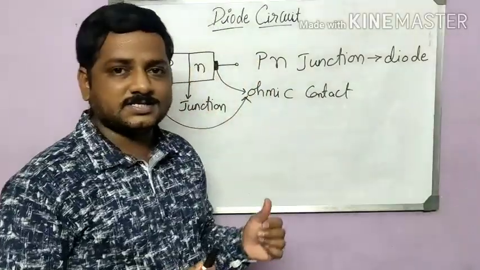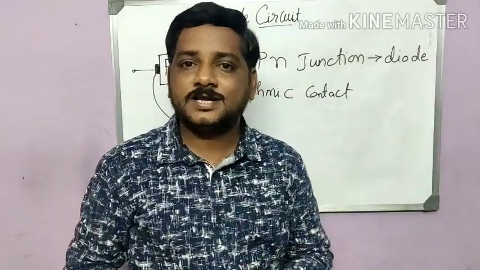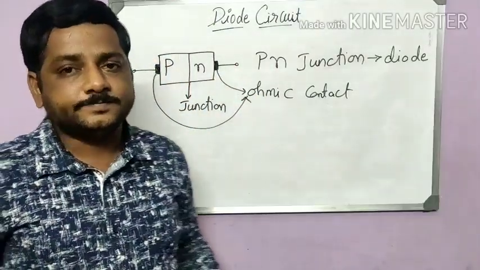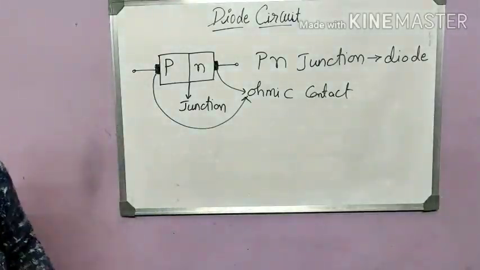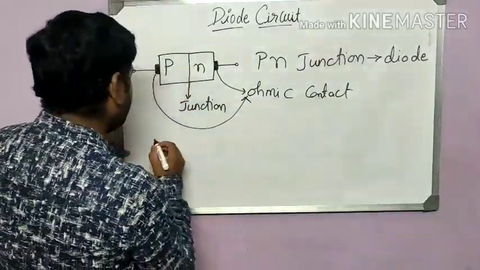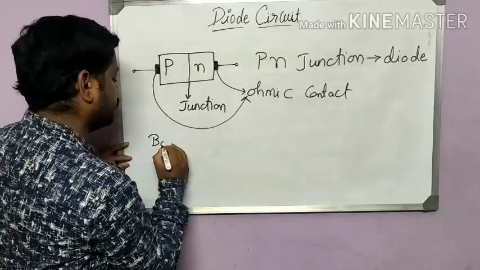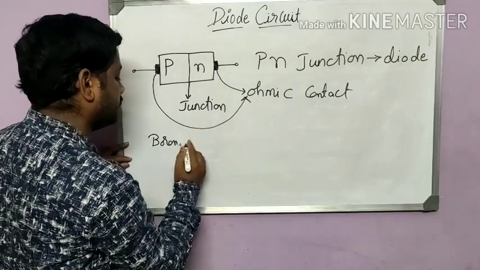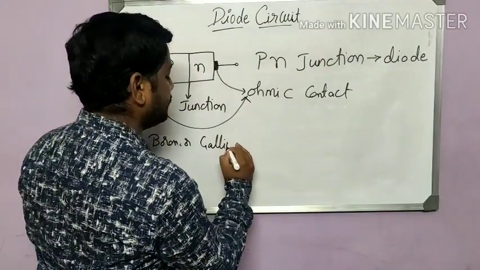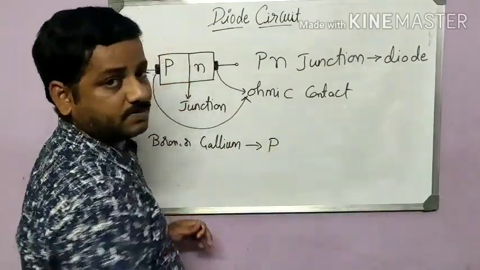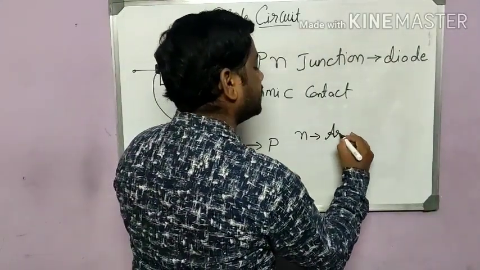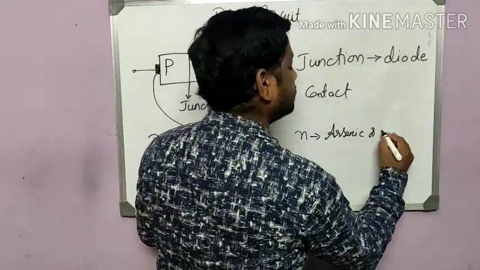Before that, let's understand what the P type material and the N type material are, and how we get them. Those two are just semiconductors. The material we use for a P type semiconductor is either boron or gallium, and for an N type semiconductor we use either arsenic or phosphorus.